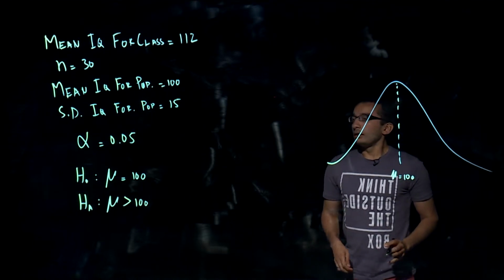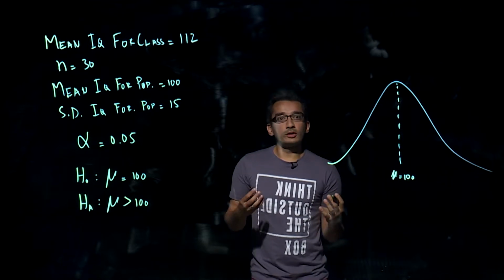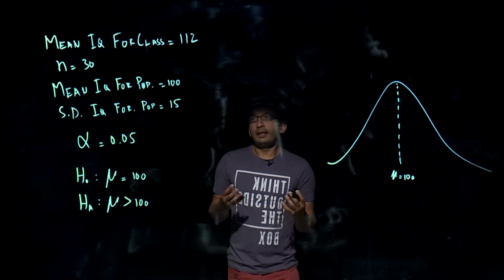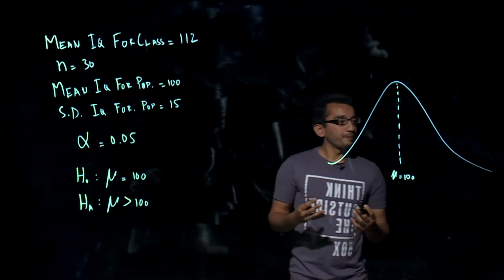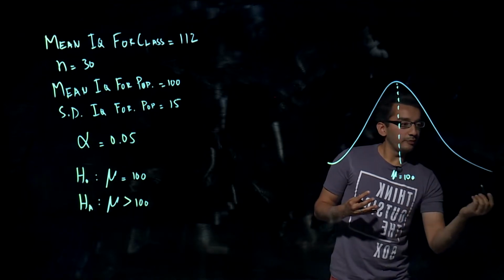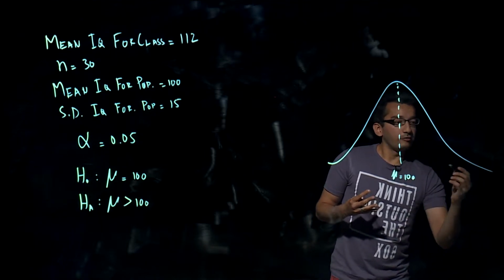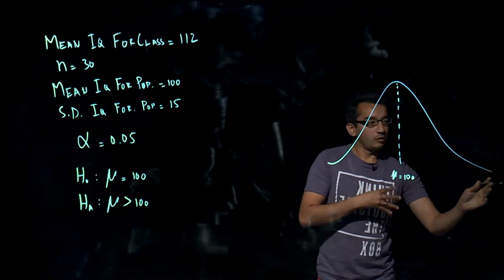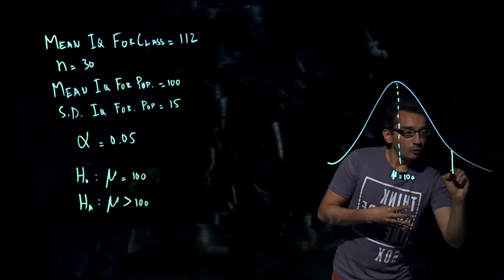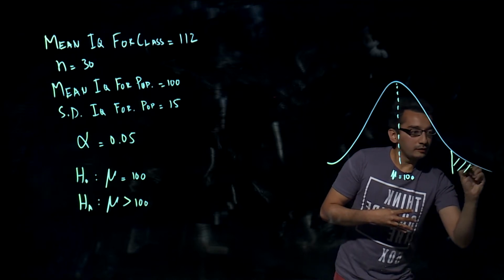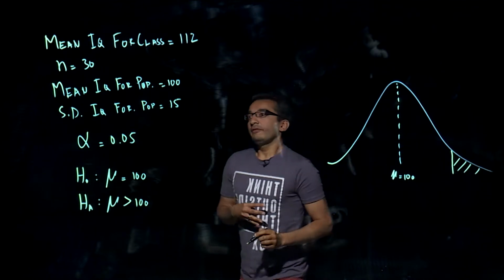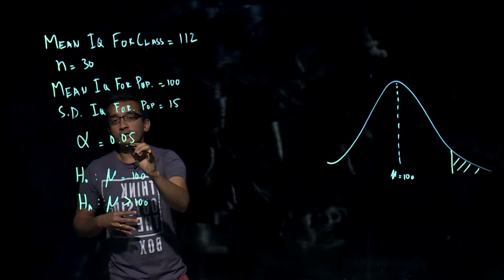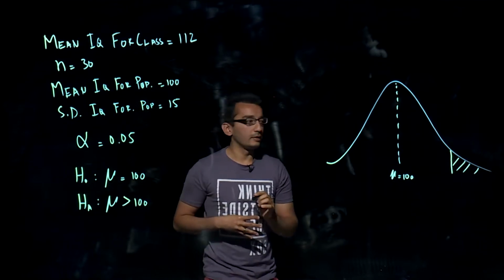The next step is to figure out the area of rejection, and that area of rejection is the 5% area, the 5% of the total area under the bell curve on the right-hand side of the bell curve. Why is this the case? It is because our level of significance for this hypothesis testing is 5%.